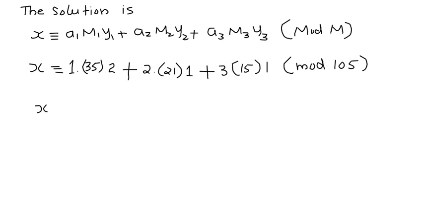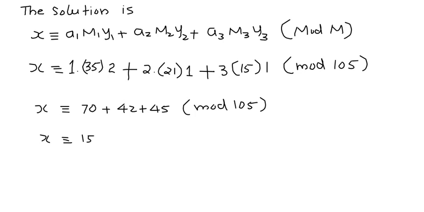So x is congruent to 70 plus 42 plus 45 mod 105, so x is congruent to 157 mod 105.